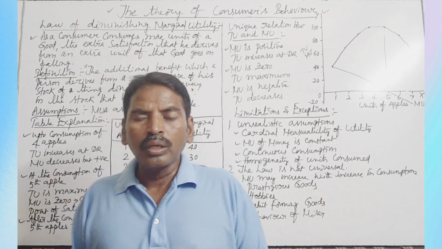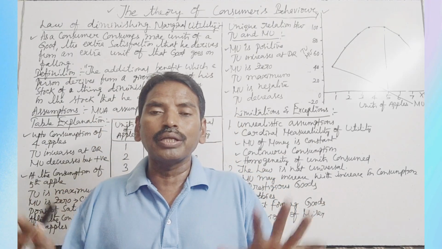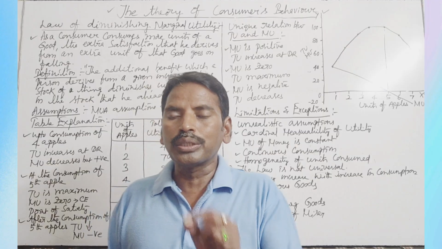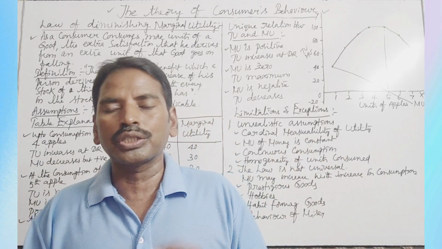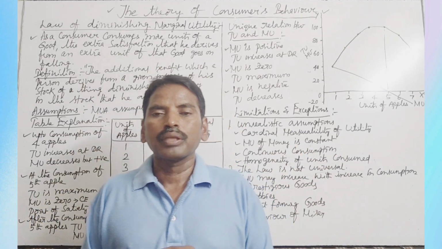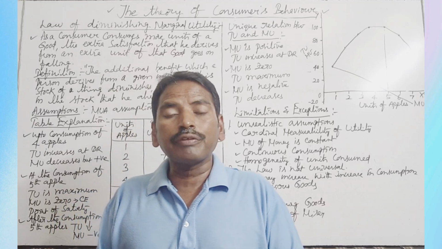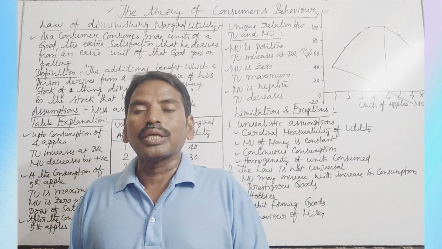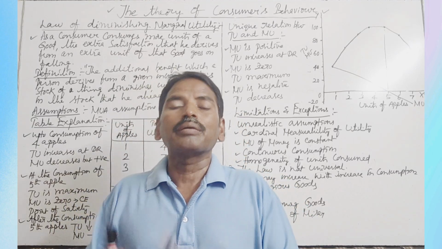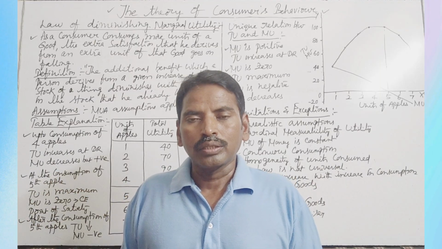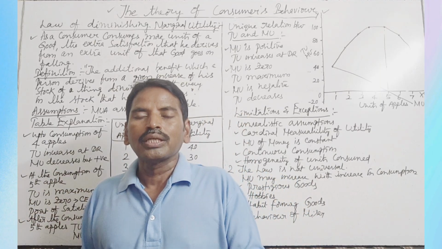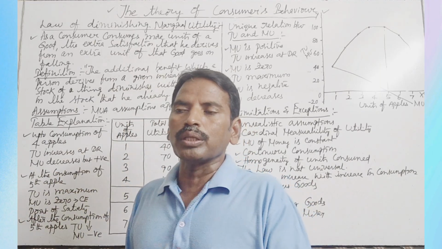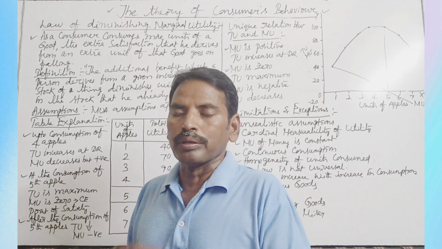Next, marginal utility of money remains constant. Next, the taste and preference of the consumer and the income of the consumer remain constant. These are the assumptions the law of diminishing marginal utility mainly depends upon.